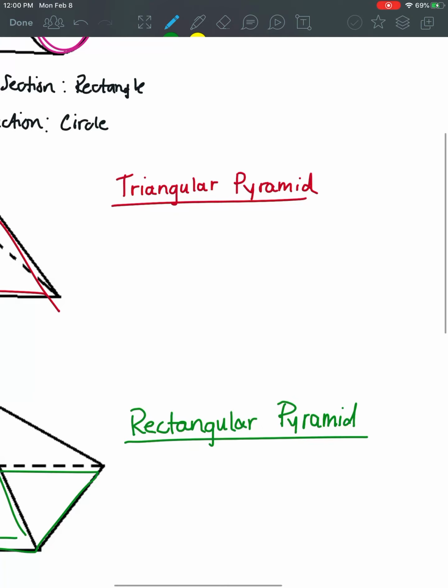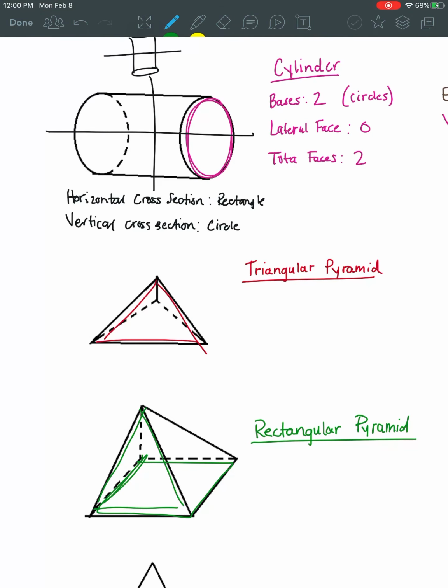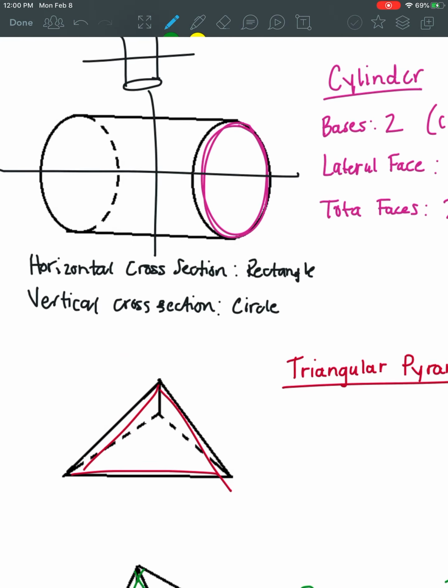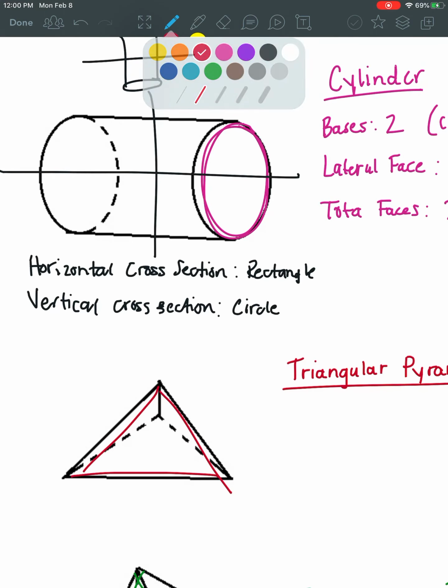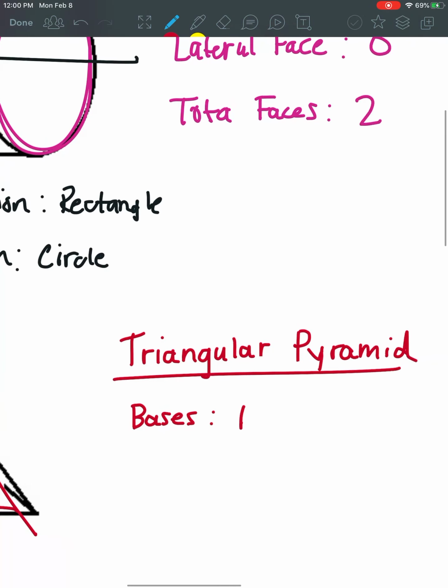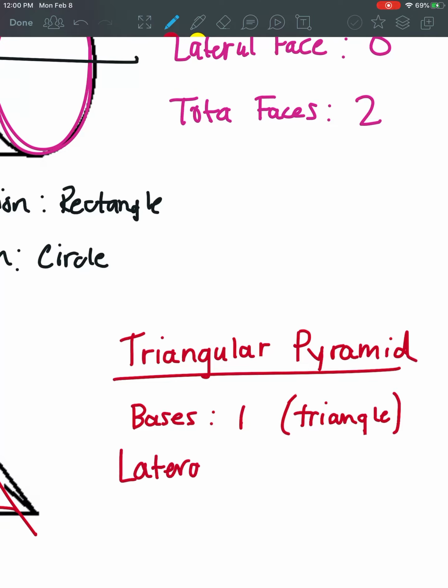So rectangular lateral faces, that is a prism, and then triangular sides, that is a pyramid. So let's look at the total number of bases here. It is sitting on 1 triangle. And then the lateral faces are the sides.